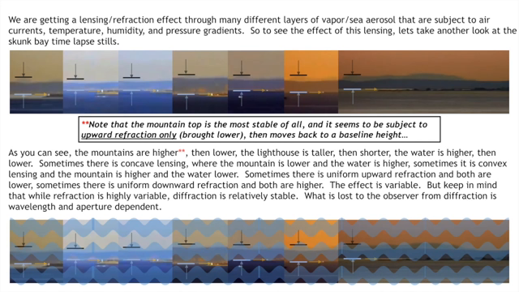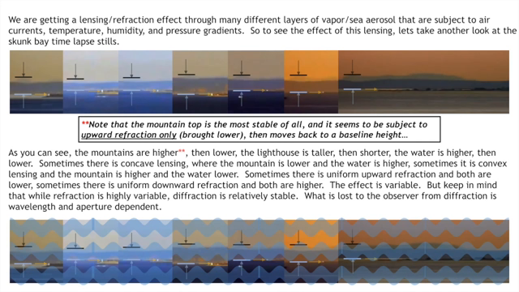So again, as you can see, the mountains are higher than lower. The lighthouse is taller than shorter. The water is higher than lower. Sometimes there is concave lensing where the mountain is lower and the water is higher. Sometimes it is convex lensing and the mountain is higher and the water is lower. Sometimes there is uniform upward refraction and both are lower. Sometimes there is uniform downward refraction and both are higher.